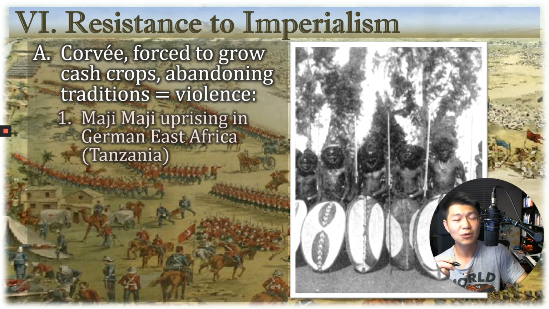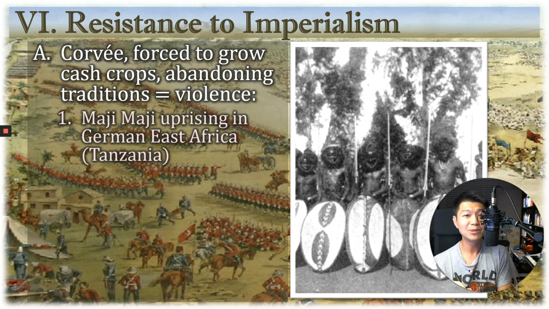So for instance, one of the most famous is the Maji Maji uprising in German East Africa, whereby a number of tribesmen rebelled against the Germans, led by medicine men and shamans, who sprinkled this holy water, this magic water on their soldiers, with the belief that this water will make them impervious to bullets. You can imagine it didn't quite work out, but worst of all were the retaliations by German forces on the soldiers and their families when the rebellion actually failed.